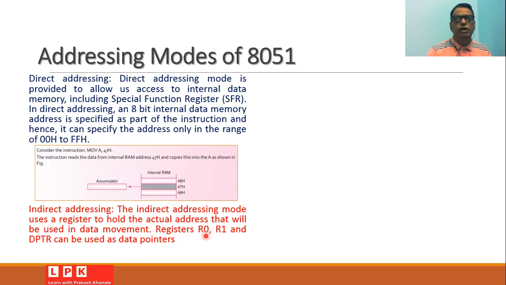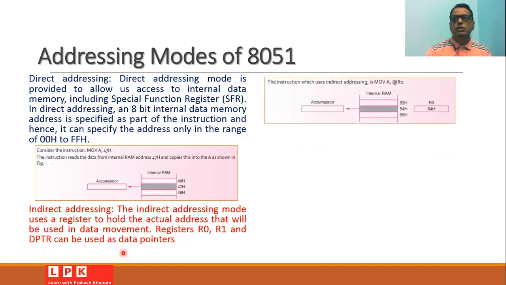For example, we can make use of registers such as R0, R1, and the data pointer register DPTR that can hold the address. When we write an instruction such as MOV A, @R0, whenever this symbol @ appears, you can easily understand it makes use of indirect addressing.